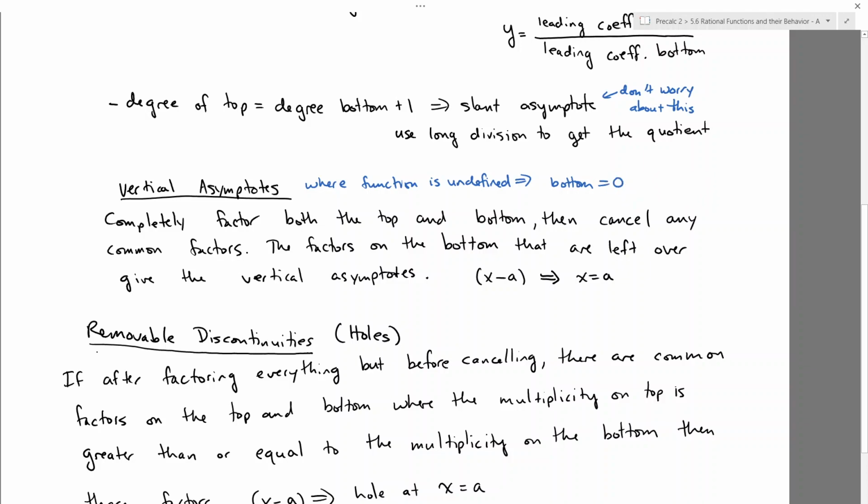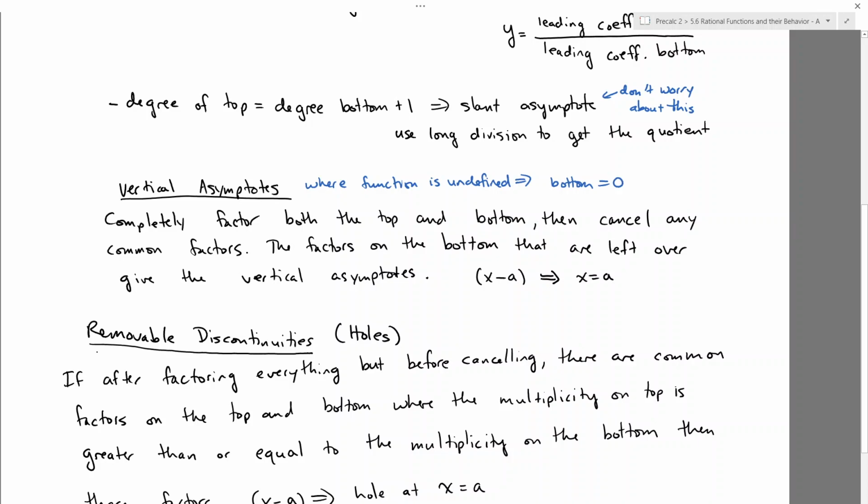That's essentially how we find the vertical asymptotes. So what you do is completely factor both the top and the bottom and cancel out any common factors, because that's a different situation where you have removable discontinuities. Ignoring the common factors, the factors on the bottom that are left over after cancellation give the vertical asymptotes.